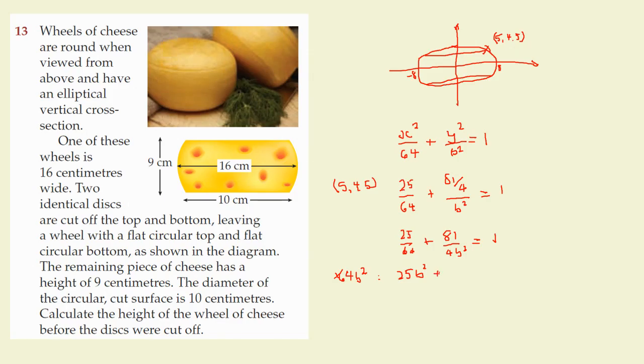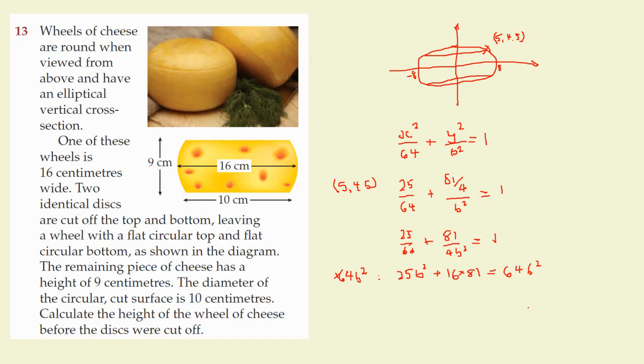So what I'm going to get here is plus, because I've got the 4 on the bottom, 64 over 4, 16, and the b squareds would cancel. So I'm going to get 16 lots of 81. I'm not going to work it out for the minute. Equals 1 lot of 64b squared, yeah? Why 16? Right, let me come back to that.